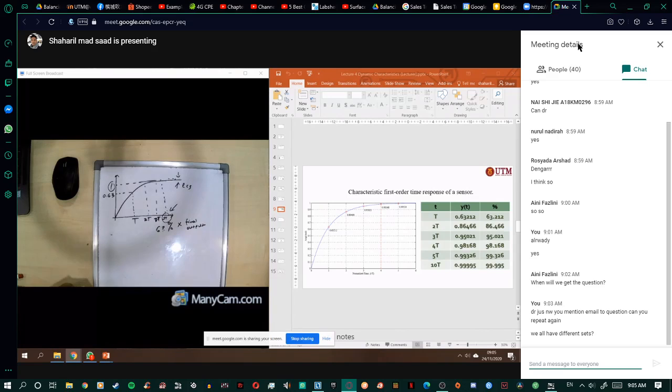And for the equation for the first order, this is the equation: y(t) equals y initial plus y final minus y initial, times 1 minus e to the power of minus t over time constant.